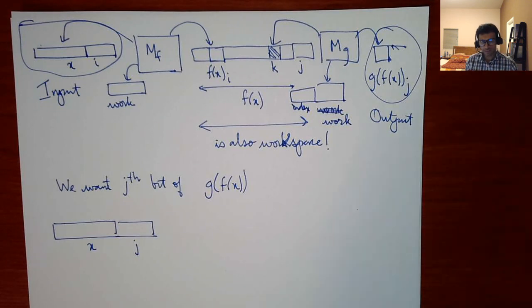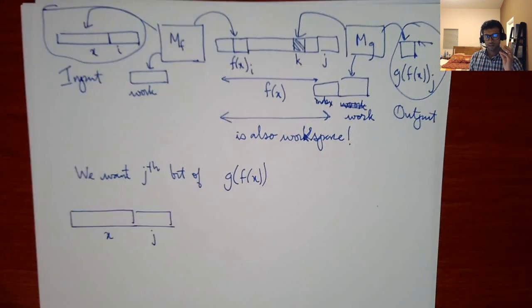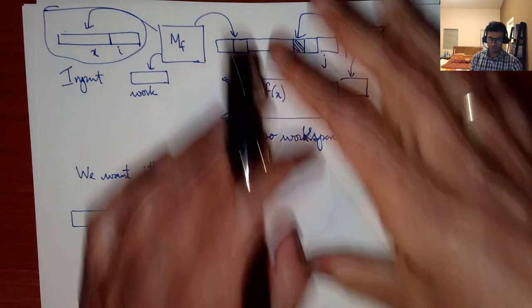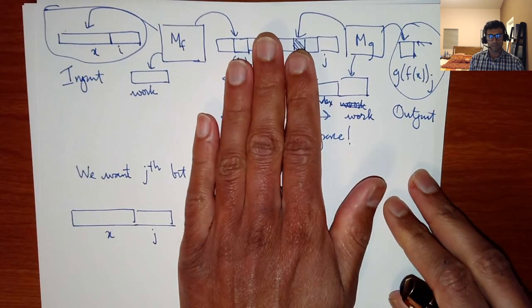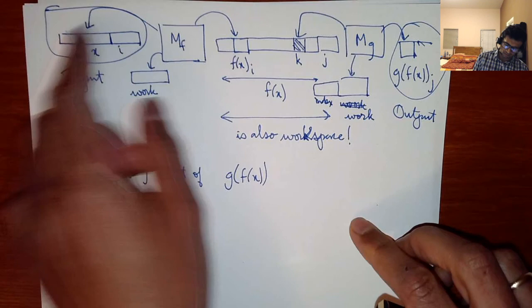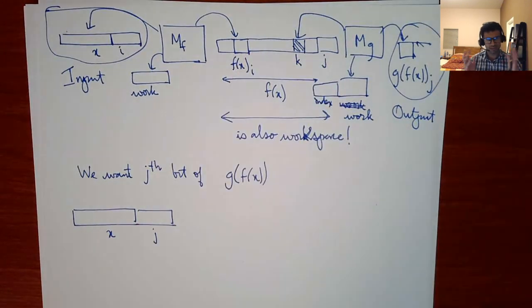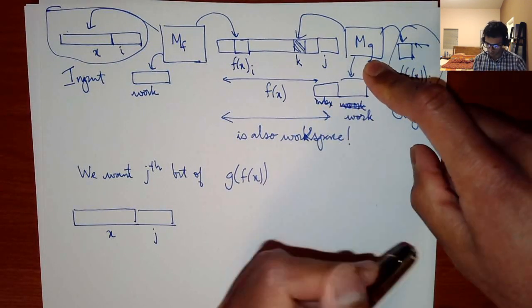Okay, does the simulation make sense? I'll walk through it again and I'll write some stuff down. But if I write it down without you seeing the picture, it's not going to help. Think about this machine, except you don't want to write all of this down. But as a thought experiment, suppose this actually wrote everything down. And then you need to run MG. What is MG going to do?